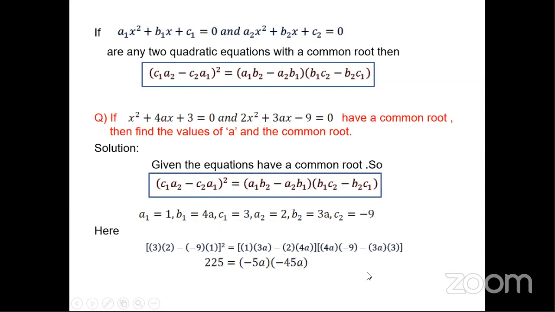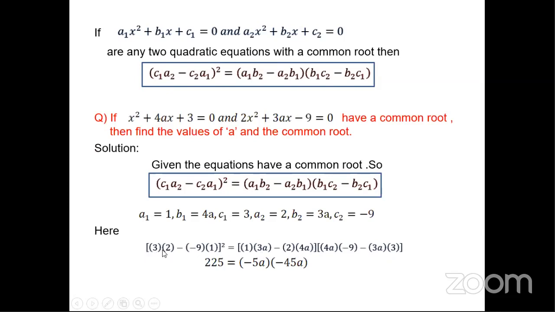Just pay a little more attention when you substitute, children. Generally, when we go for substitutions, many mistakes creep in, isn't it? So be careful. Try to write these coefficients first before you go for the substitution.